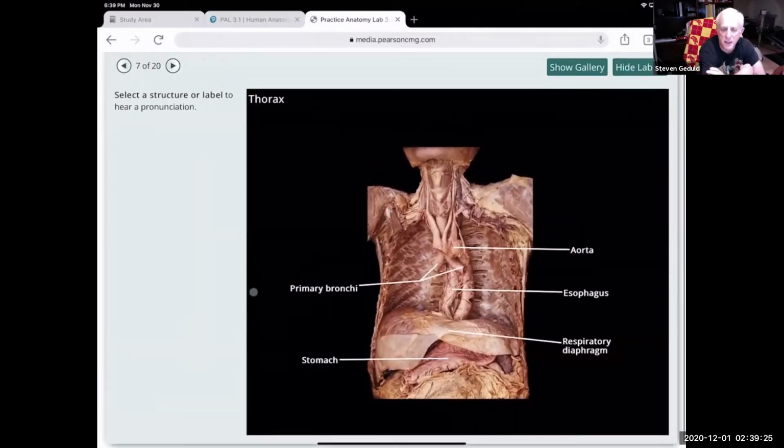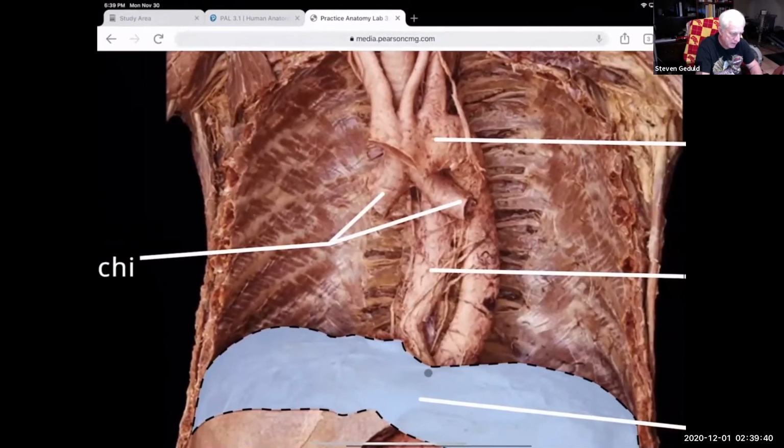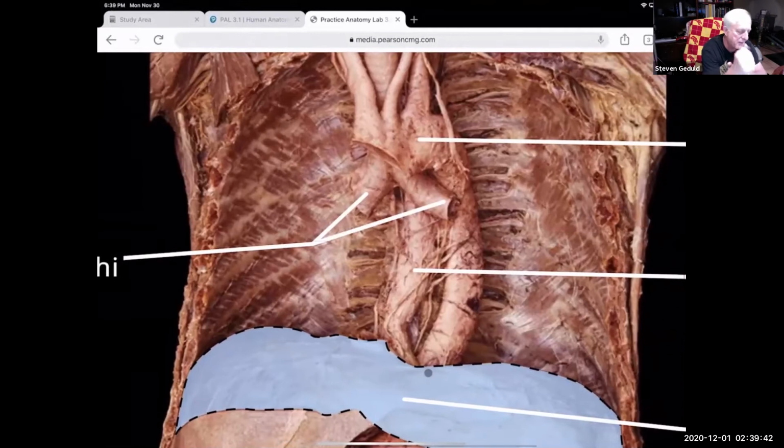All right, looking at the thoracic cavity or digestive tract, you can see the aorta coming down. I'm trying to get a good view here of your aorta. Okay, this would be the aortic arch. Then you have your descending aorta, ascending aorta coming into it.